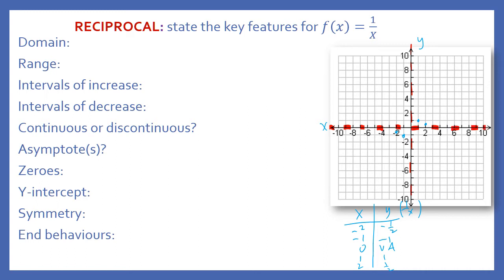So we have both a vertical asymptote and a horizontal asymptote. And remember, an asymptote means you get really, really close to it without touching it. So let's label these. X equals 0, y equals 0.